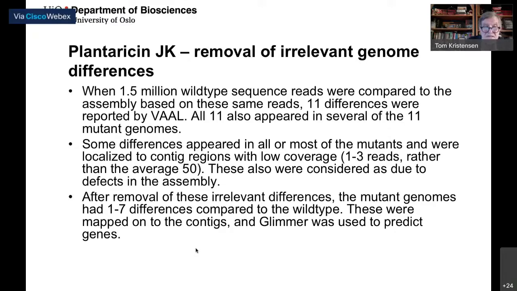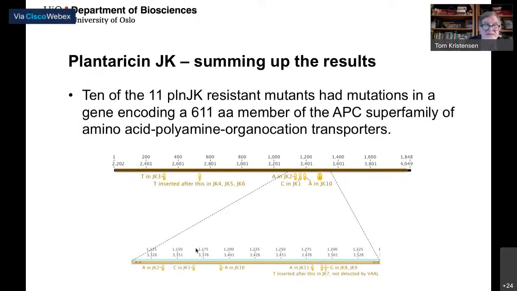and used a gene finder for bacterial genomes called Glimmer to predict genes in each of the contigs, and ended up with 10 of the resistant mutants having a mutation in the same gene, a gene which encodes a member of the APC superfamily of transporters, which are responsible for transporting amino acids and polyamines from the outside to the inside of the cell.